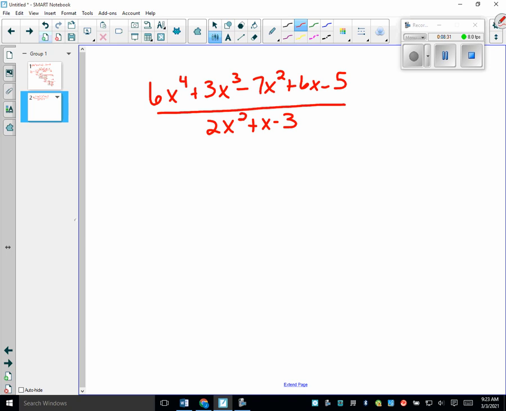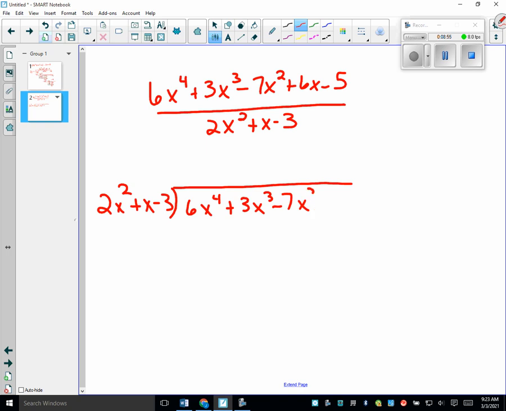All right, here's my problem. A little bit more difficult. I draw my symbol, 2x squared plus x minus 3. This one I don't have to leave any spaces in, do I? 6x to the 4th plus 3x cubed minus 7x squared plus 6x minus 5.